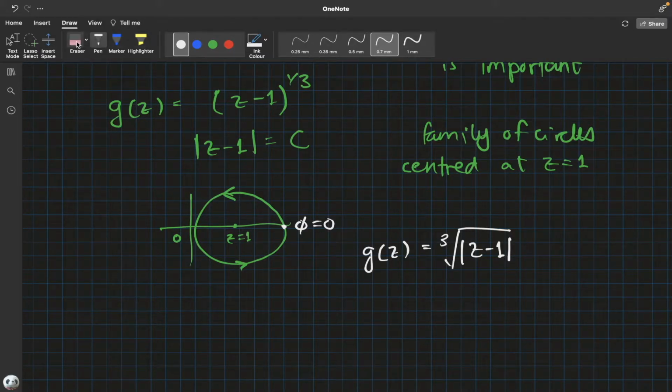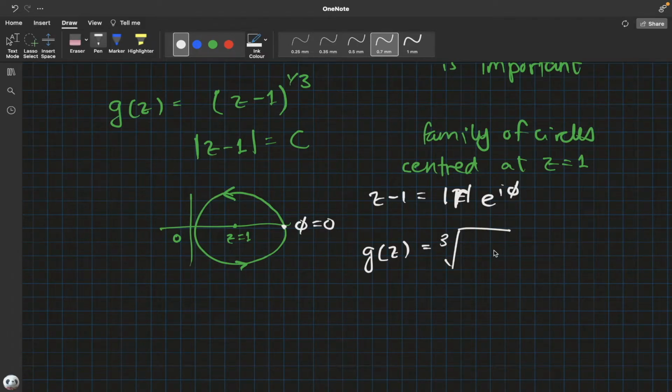Or let me just parameterize in a different way. If we are going around in a circle centered at z equals 1, we have to parameterize this as some radius. I'm going to call that mod r e to the I phi.